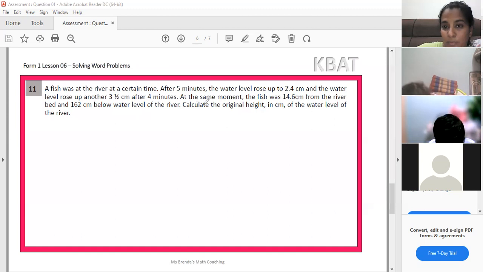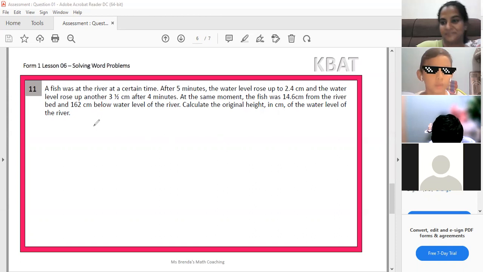At the same moment, the fish was 14.6 centimeters from the riverbed and 162 centimeters below the water level of the river. Calculate the original height in centimeters of the water level of the river. Memang kebat.